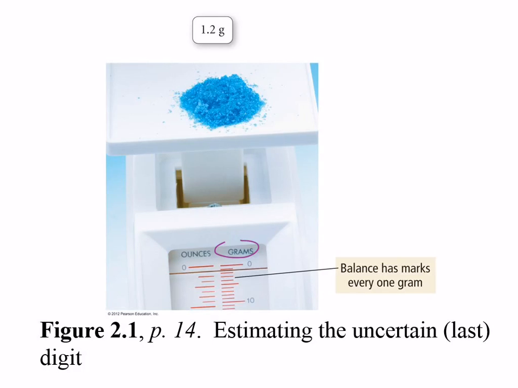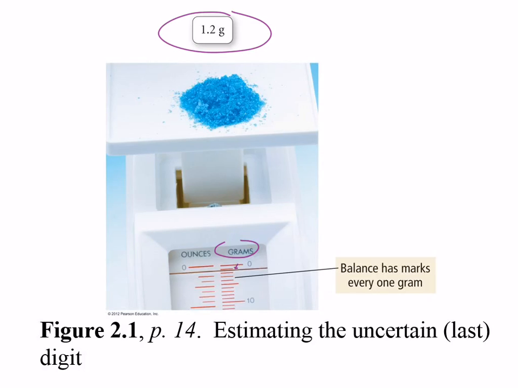It looks like it's just past the 1 gram, and this person estimated about 2/10 past the 1 gram on its way to 2 grams. I buy that, so they estimated 1.2 grams.